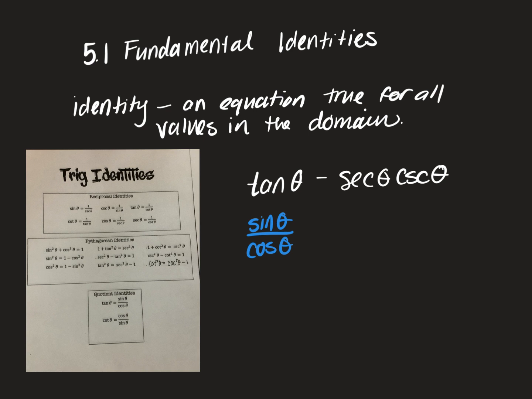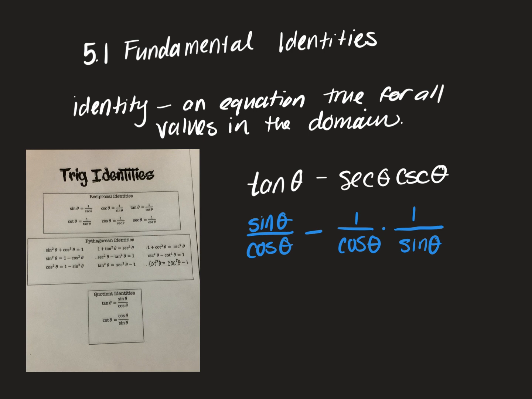So what do we know about secant? What is secant equal to? 1 over cosine. What is cosecant equal to? 1 over sine. This example told us to put everything in terms of sine and cosine, and then simplify it down.